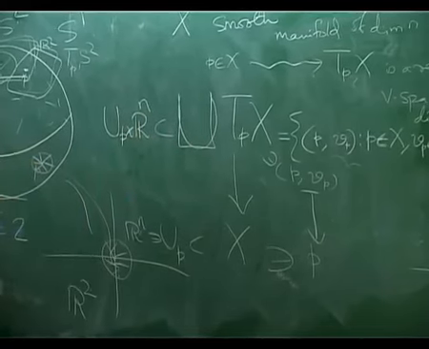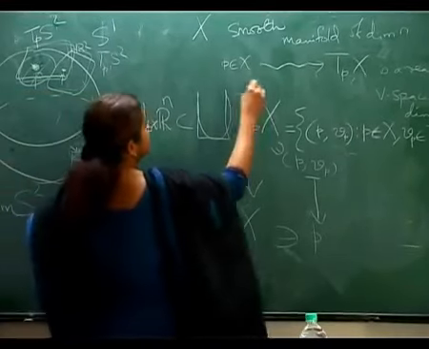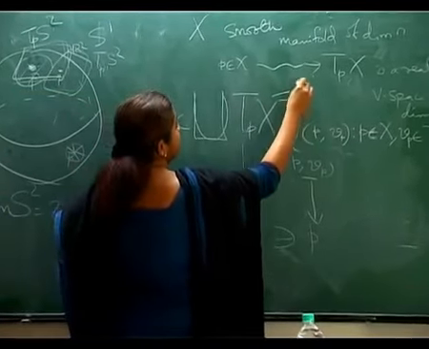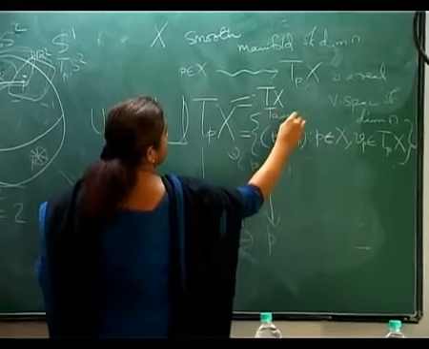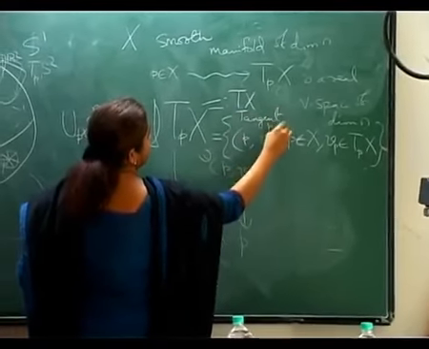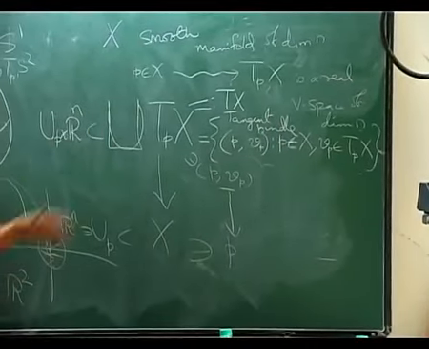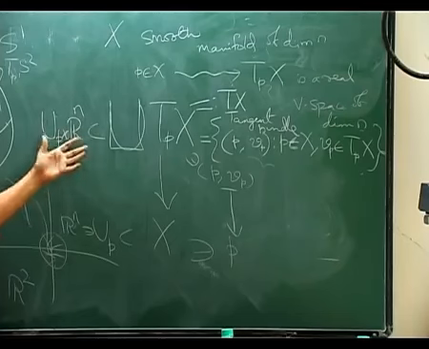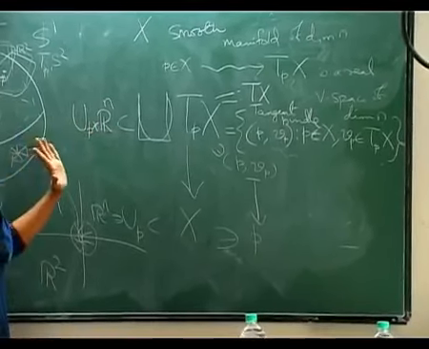So this collection is called the tangent bundle, and it is denoted by TX. So at least locally you have obtained, because Rn is a manifold and UP is an open subset, so it is again a manifold.